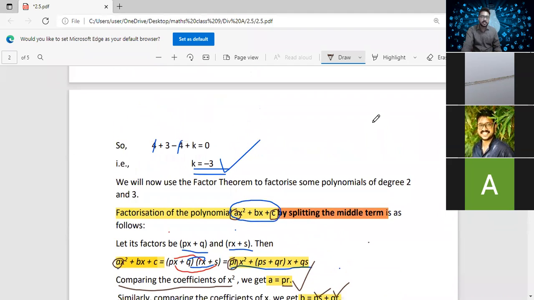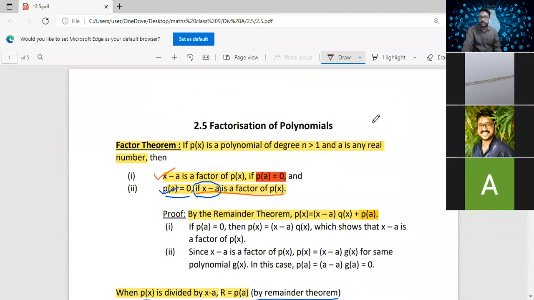Now, what all things have we learned today? We have learned the factorization of polynomials. In this section we have seen the factor theorem shown and proved to you. What does the factor theorem say?